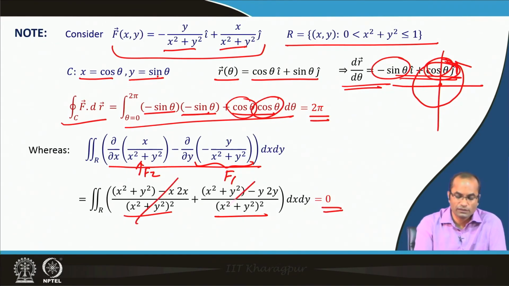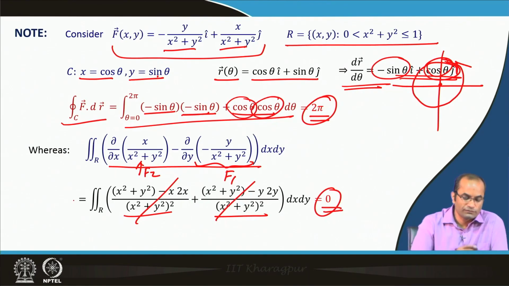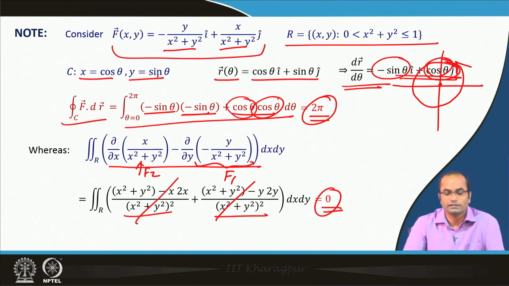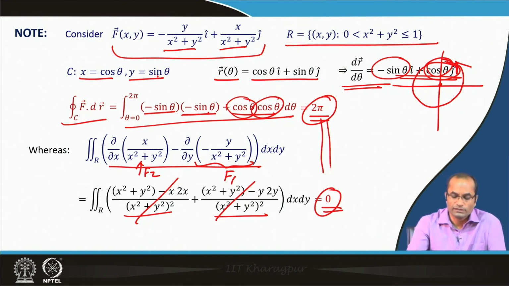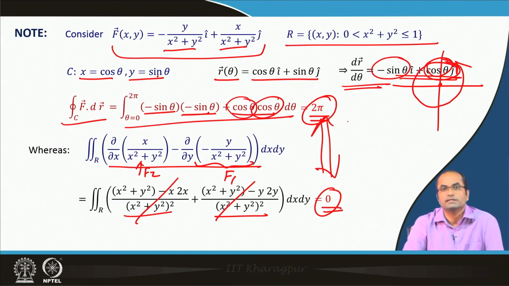So, this will cancel out and we will get the value 0. So, here we got the value 2π, and for this area integral we got the value 0. So, what is the problem? Why is Green's theorem not applicable? Why are these two values not the same in this case?